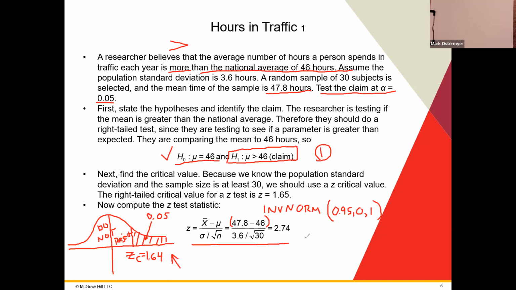Step 4 is determining what we're going to do. What's our decision? Is the sample evidence strong enough to reject the null hypothesis or not? And then step 5 is, once we make our decision, what would be our conclusion in plain English so that a 12-year-old can understand what we just did? All right, so we have 2 more steps to conduct. Any questions about these first 3 steps here?